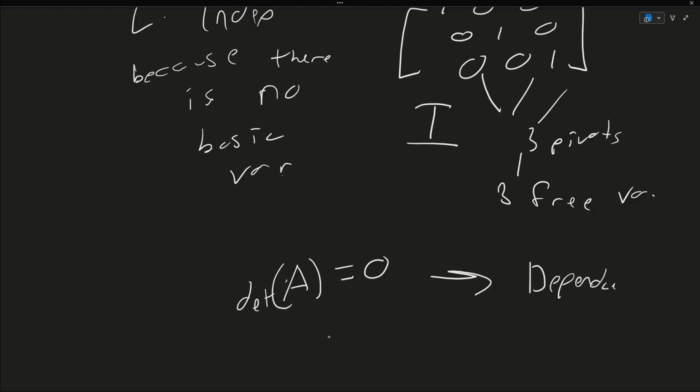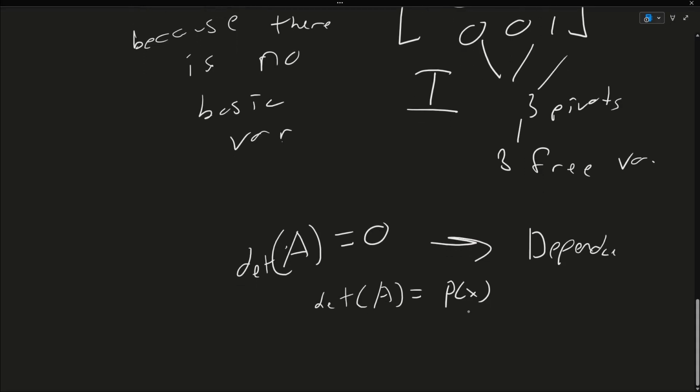But if we don't have 0, if the determinant of A is equal to some function or some number, let's call this p of x or whatever, it doesn't matter, this means that we have linear independence.